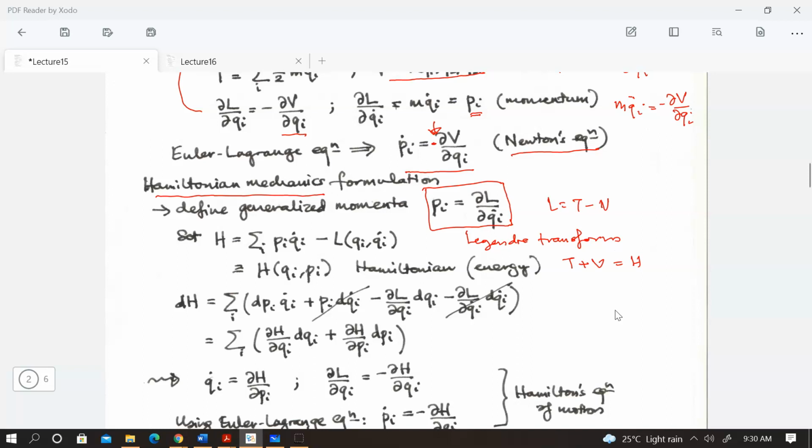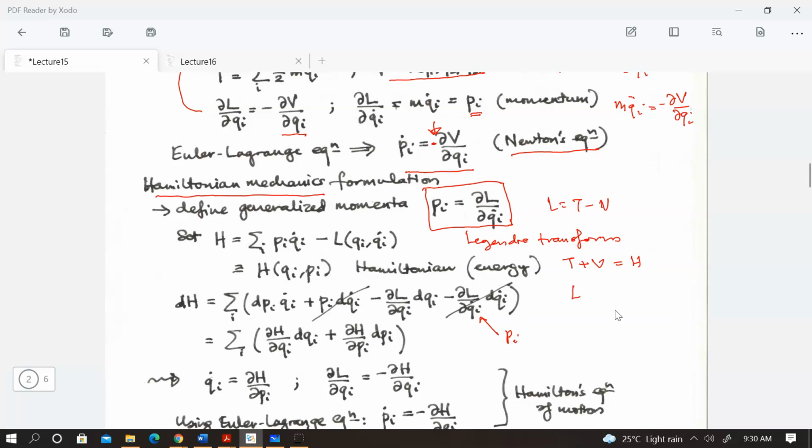And then the other one coming from here is partial L partial q_i dq_i, but you also need to have your q_i dot, so you have partial L partial q_i dot dq_i dot, and you can see now this is actually your p_i, and that will cancel off your dq_i dot, which is precisely what you get when you do the Legendre transform.